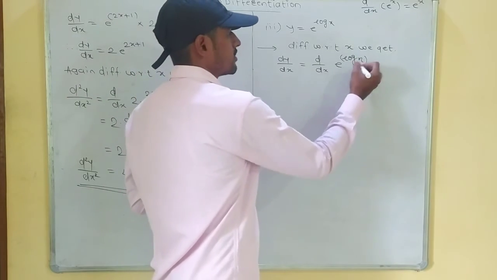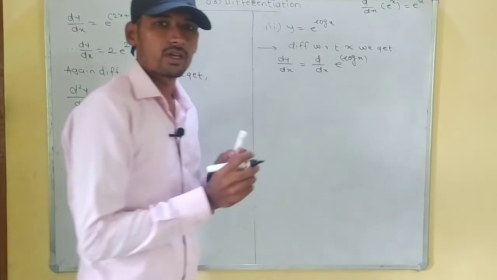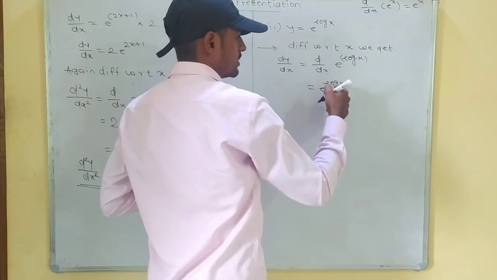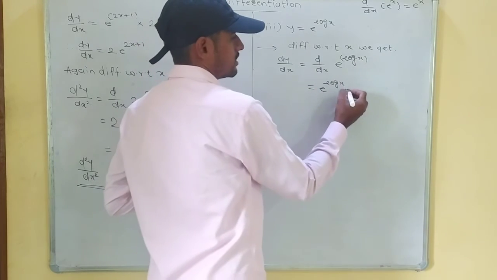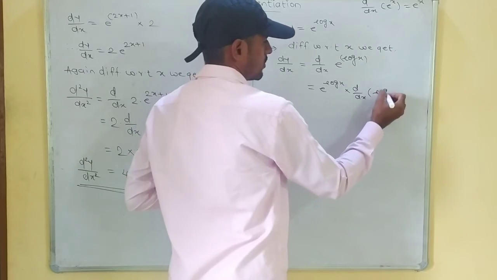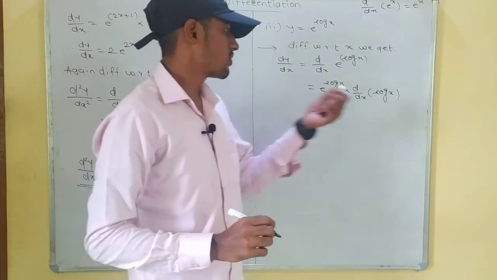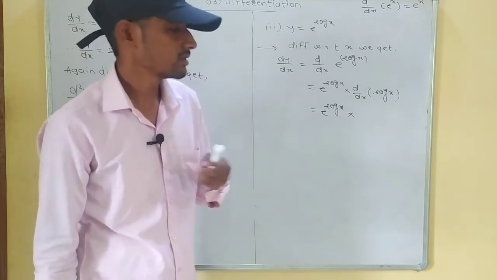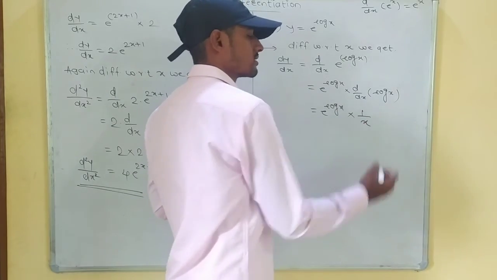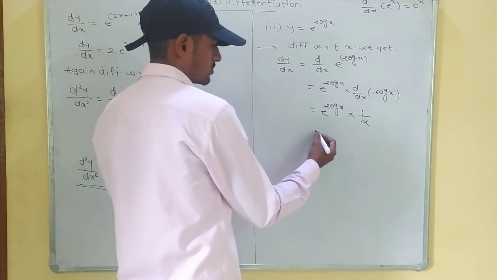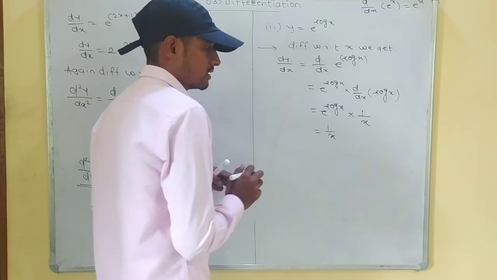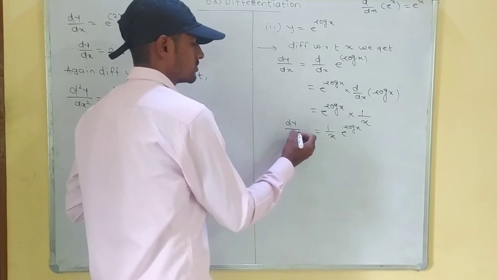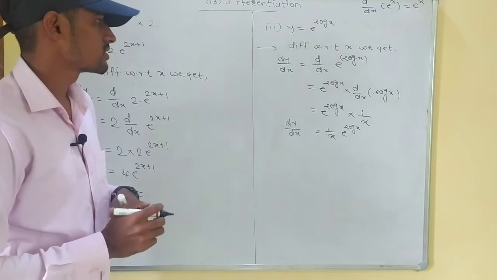So using that formula, the derivative of e to the power log x is e to the power log x, into the derivative of log x. The derivative of log x is 1 upon x, so write down 1 upon x as it is. So this will become 1 upon x into e to the power log x. This is the first order derivative, so this is dy by dx.